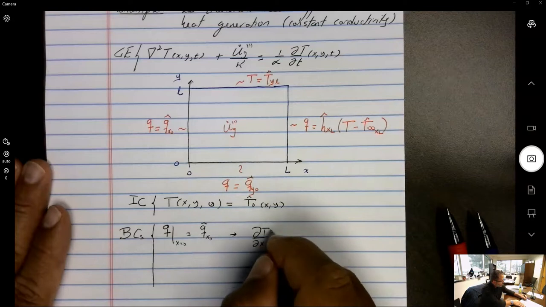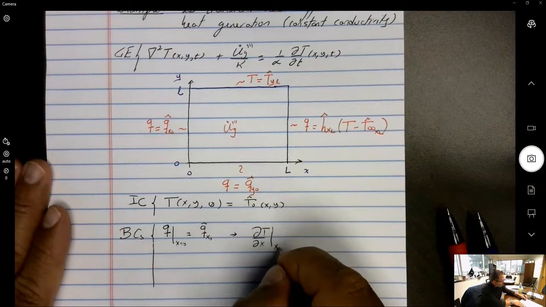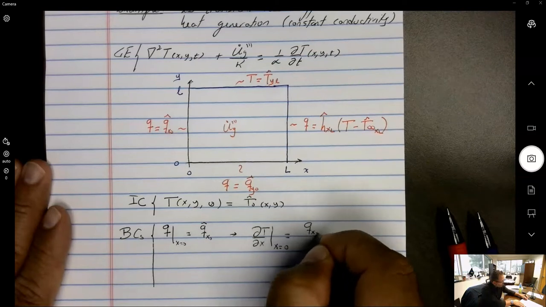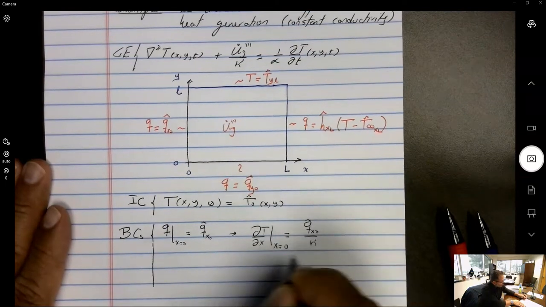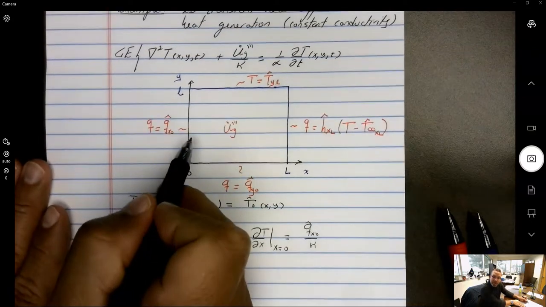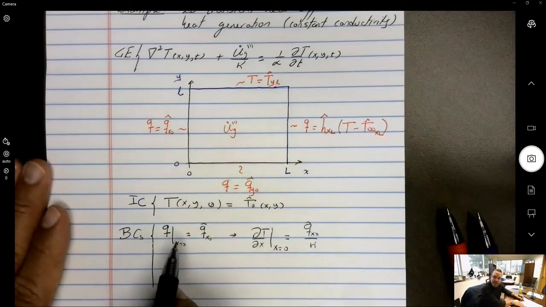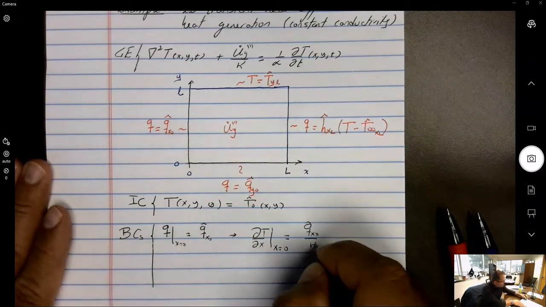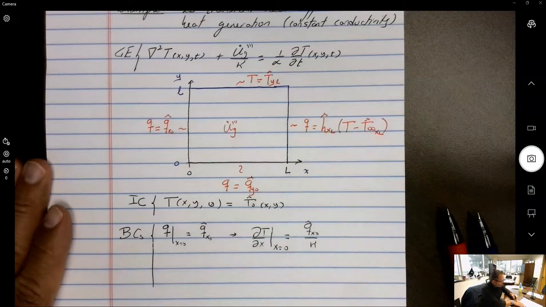That means that the partial derivative of T with respect to x at x equals 0 is equal to q_x0 divided by k. Remember that q is minus k dT/dn. The normal vector here is -1, so it's minus k times minus 1 dT/dx. And that just basically boils down to q_x0 divided by k.